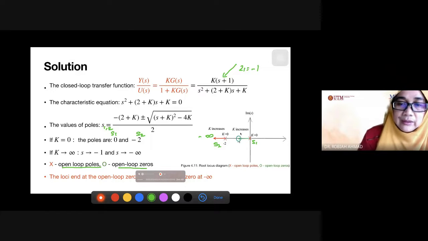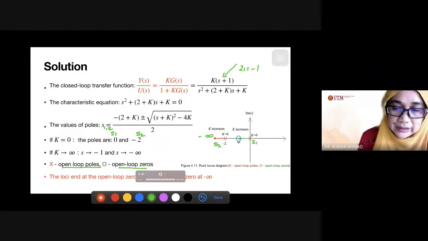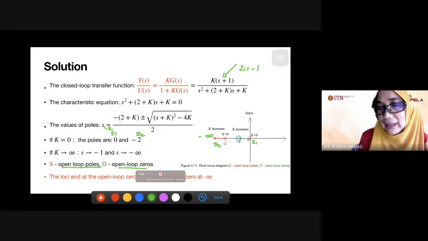And then where does it stop when k equals infinity? If there is a zero, like in this case we have an open loop zero, one of the root locus will end at the zero. So since it starts here, it will end here, stop. So that is the root locus.